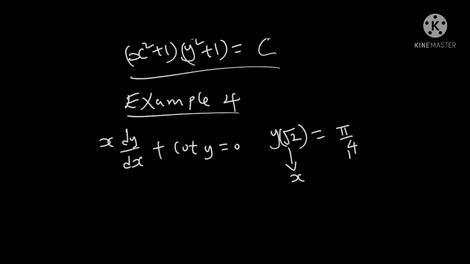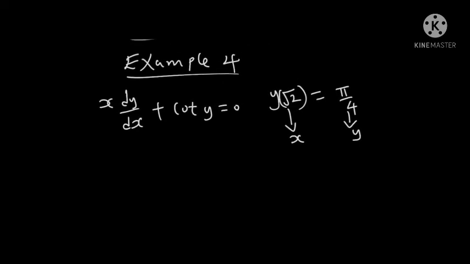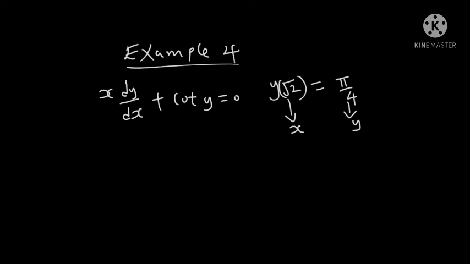This is our x and this is our y. Let's start by multiplying both sides by dx. We have x dy plus cot y dx equals 0.